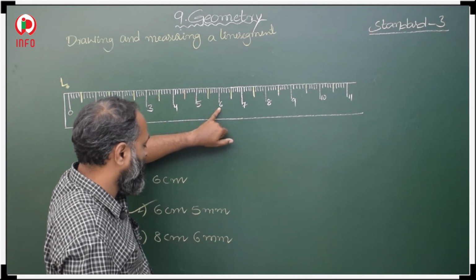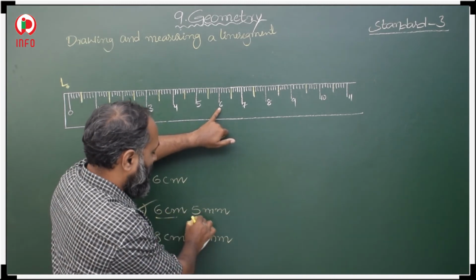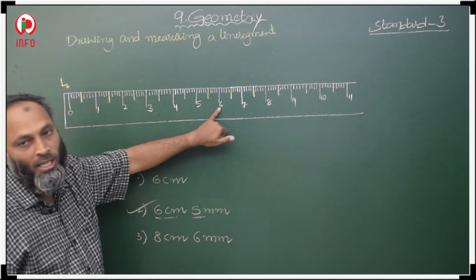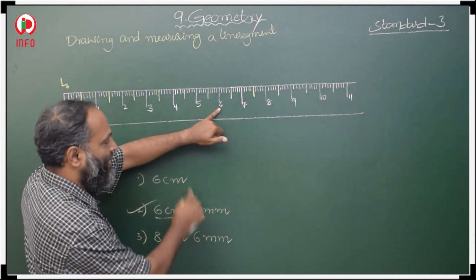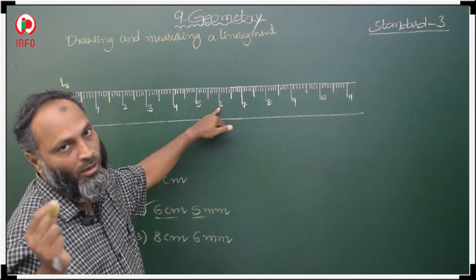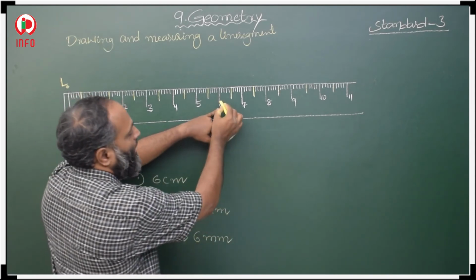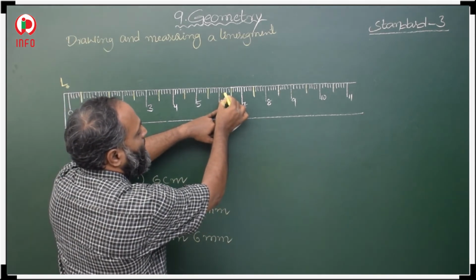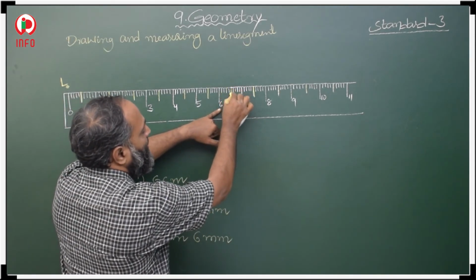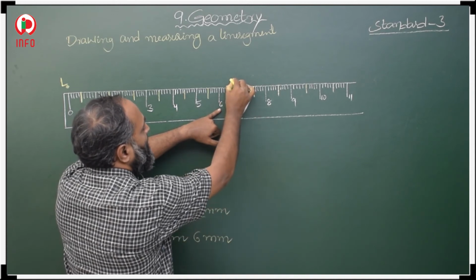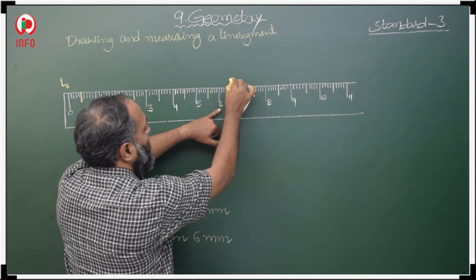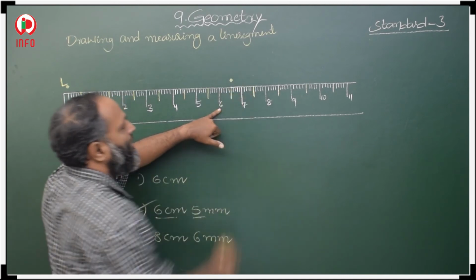6 centimeters, then after that 5 millimeters also. After 6, 5 small lines we have to count: 1, 2, 3, 4, 5. In between 6 to 7, that bigger line represents 5 millimeters after 6.